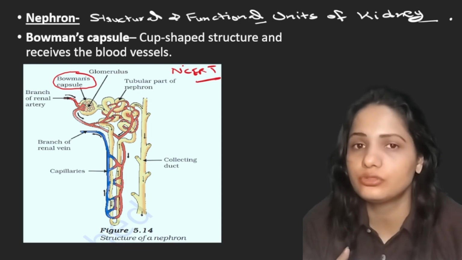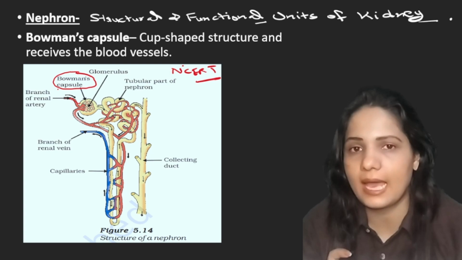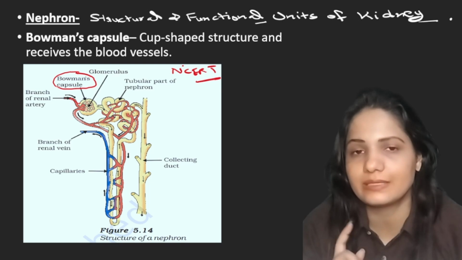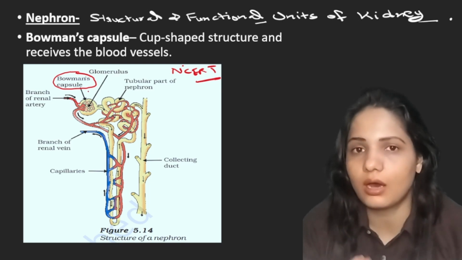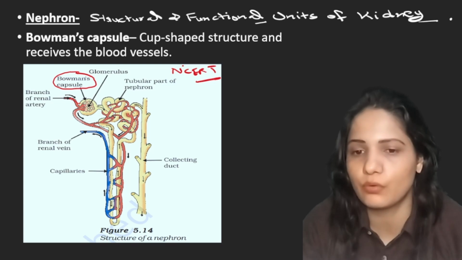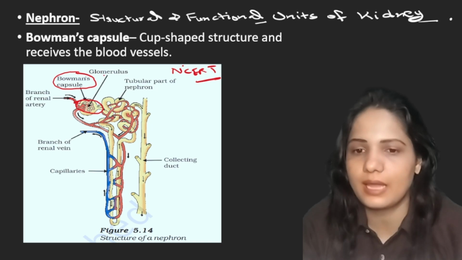As the function of kidney is to filter out the blood, and inside the kidney we have this structure, the nephron, the actual function of filtering out blood is performed by the nephron. And now we are studying the structure of the nephron. In the nephron we have this Bowman's capsule.